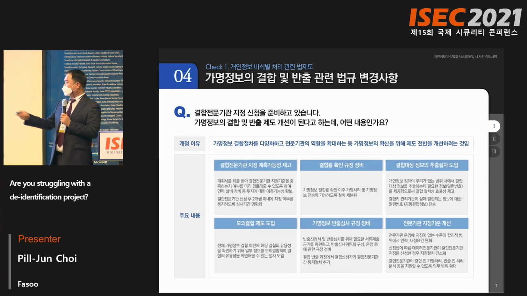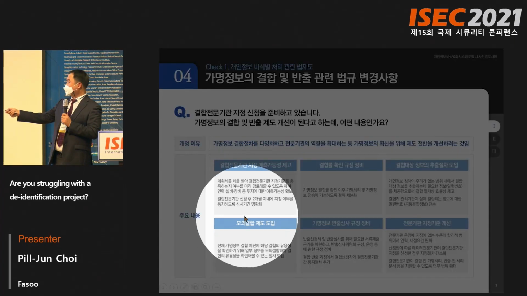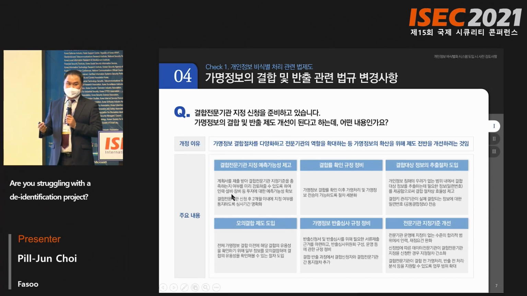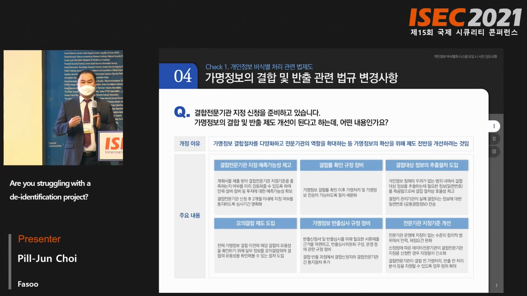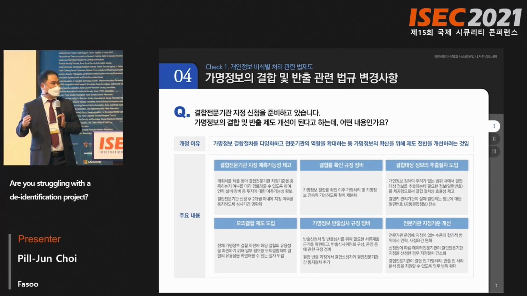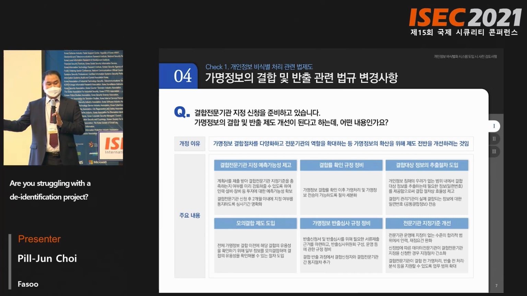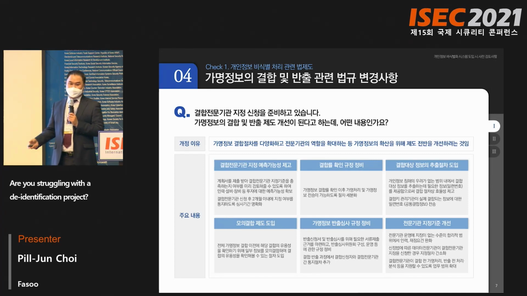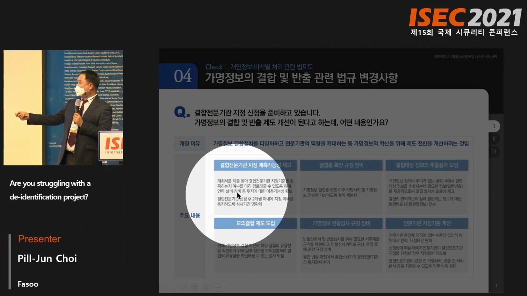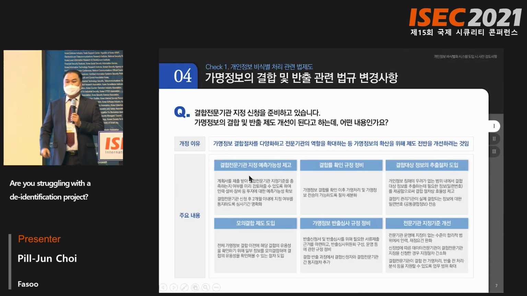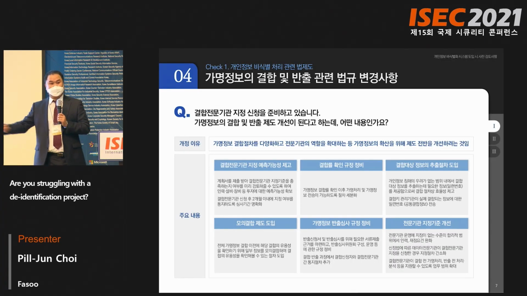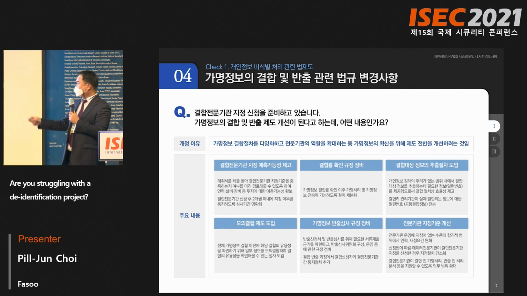If you're preparing, you may first submit a plan, then you can make sure that you meet all the requirements to become a data combining organization. The plan includes the measures to be taken and safety measures. Then it can be a good reference point. You can talk with the government.